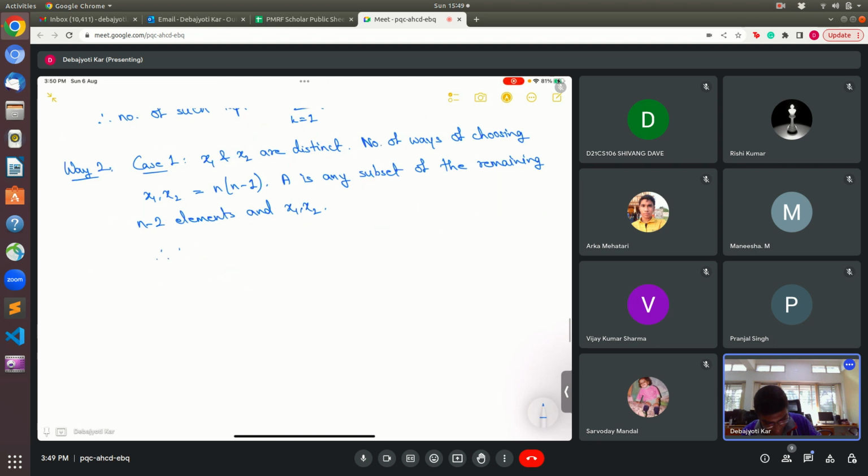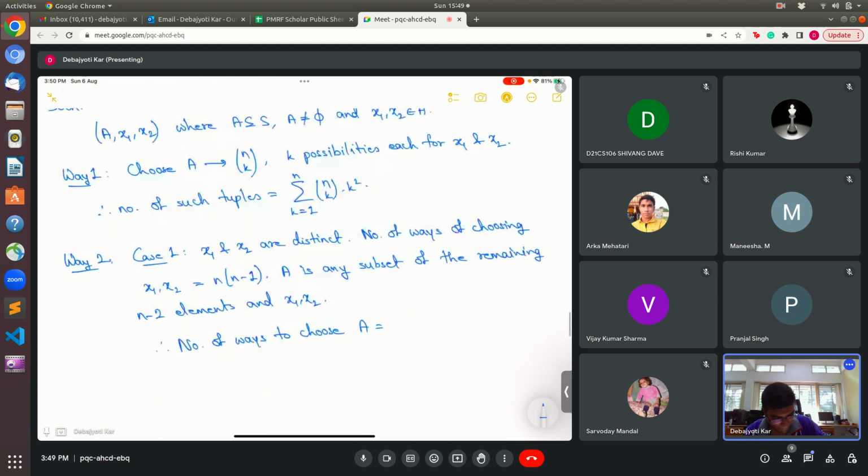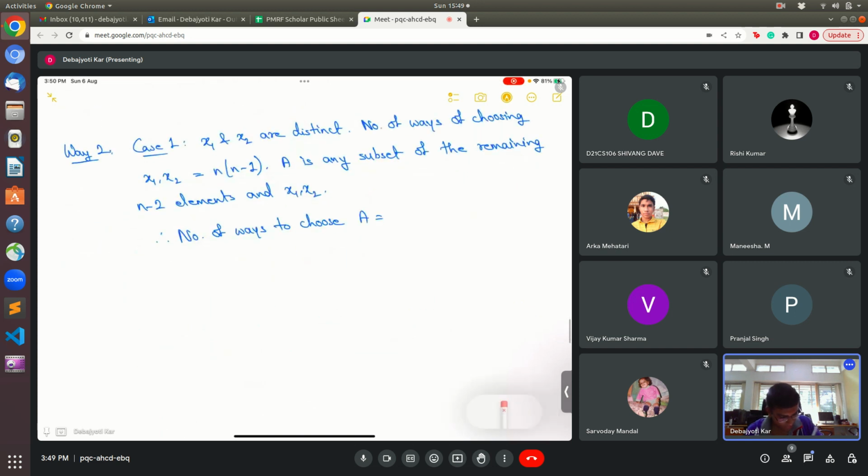So hence when x1 and x2 are distinct, the number of ways is n into n minus 1 times 2 to the power n minus 2.